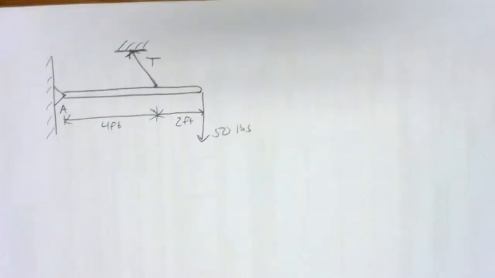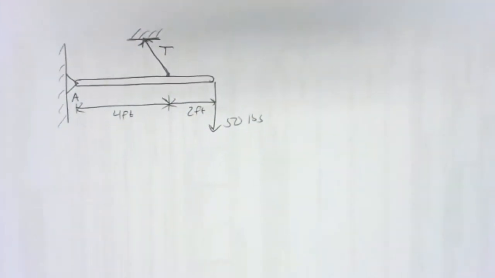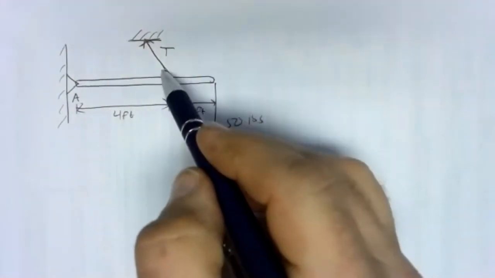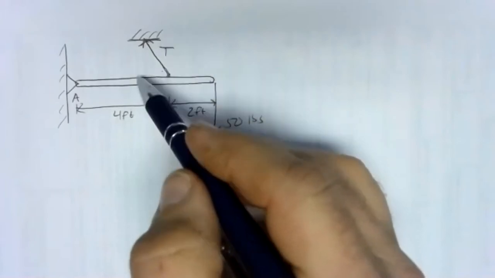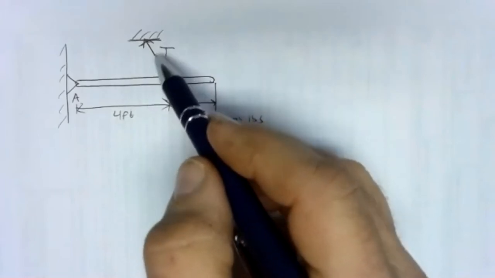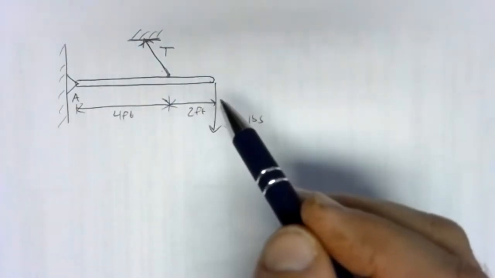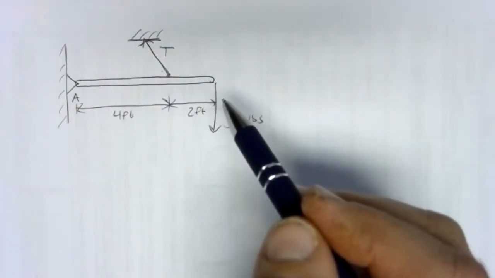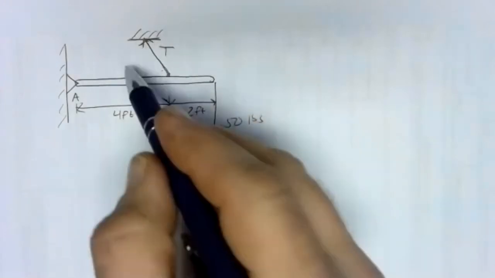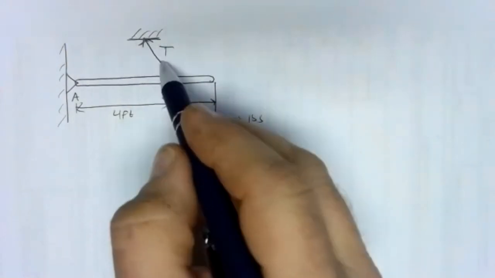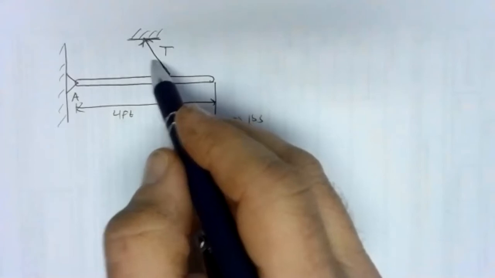Now, unlike the first problem that we worked on this evening, where we had an unknown tension and an unknown angle, I'd be in trouble here if I didn't give you an angle, because we'd have too many unknowns. If I didn't know the angle and the tension in the rope, that would be 2 unknowns.